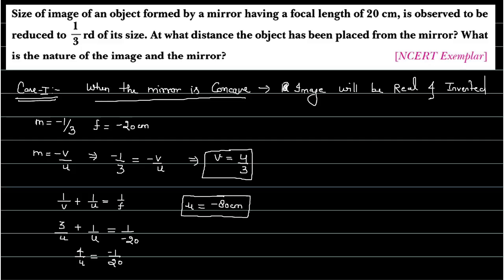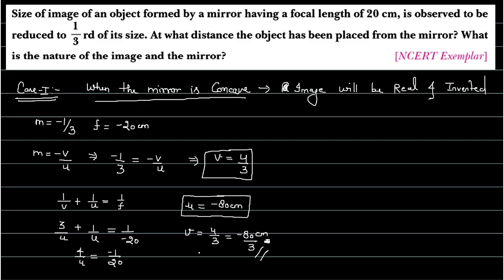You have to write every solution properly, that's why I'm writing each and everything very properly. So u comes out to be minus 80. So v comes out to be u by 3, that is minus 80 by 3. No need to solve it further. So v is minus 80 by 3 centimeter.